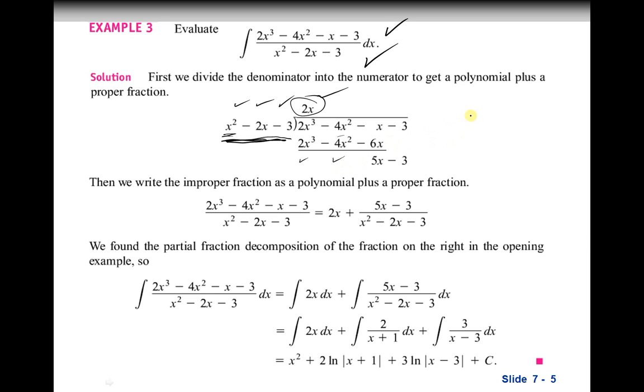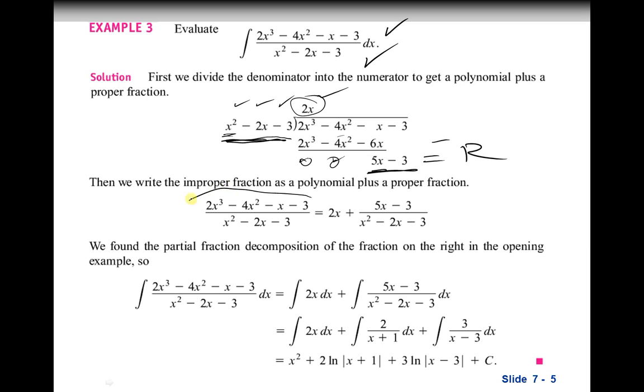And now we subtract. 2x cubed minus 2x cubed is 0. Minus 4x squared minus minus 4x squared is 0. And then subtracting, we get minus x minus minus 6x is 5x. Bring down your minus 3, and we have a remainder of 5x minus 3.